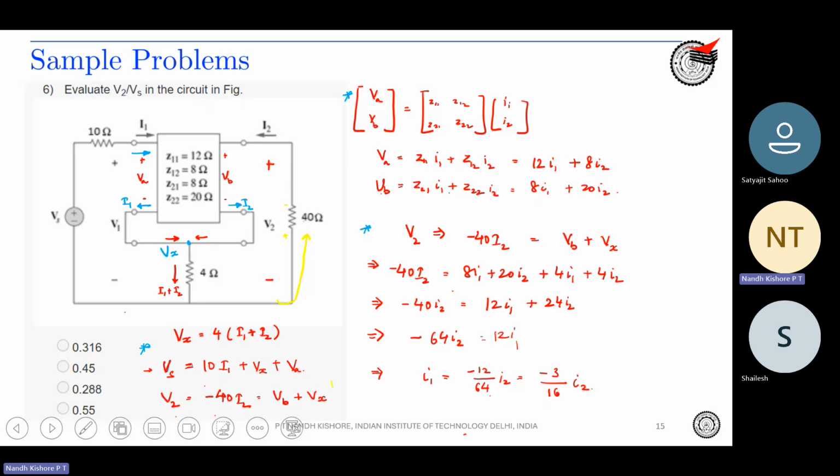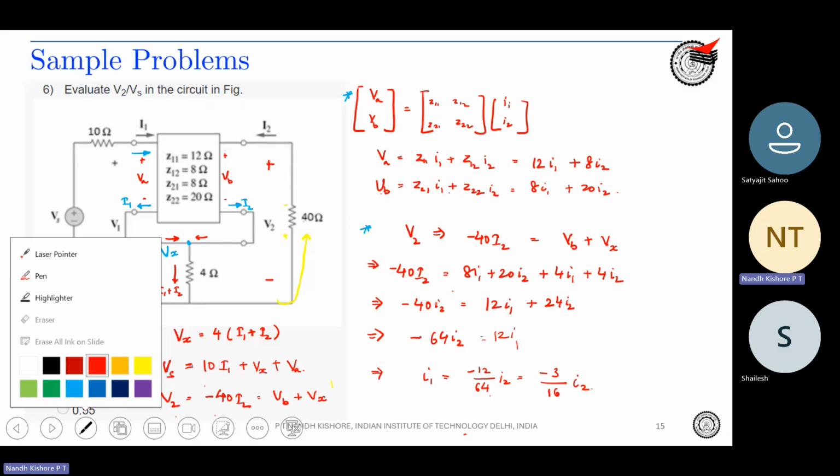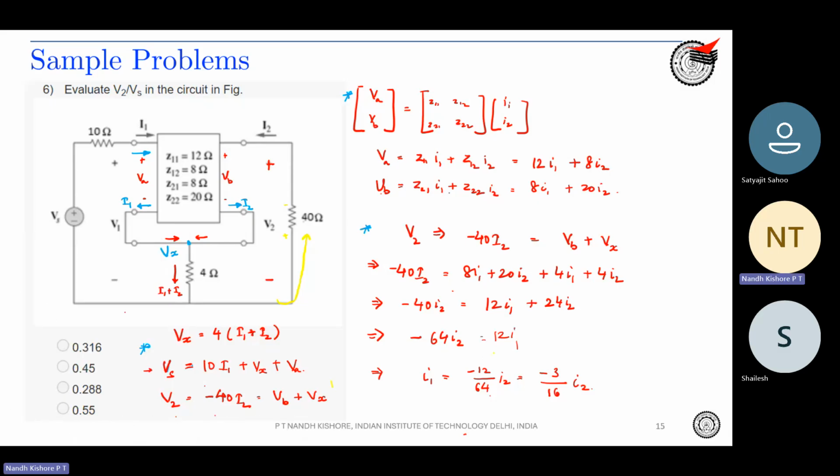So I1 is equal to minus 16. Oh God, we have made a very silly mistake. So you rearrange this equation, right? I1 is equal to, sorry, I will take a new pen.